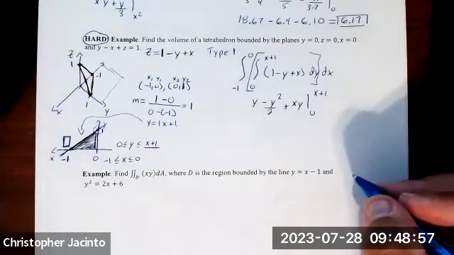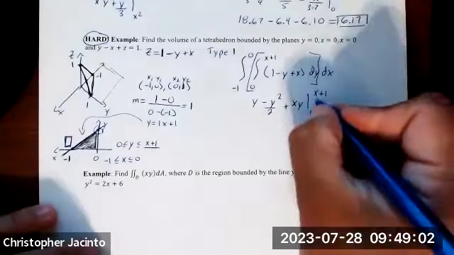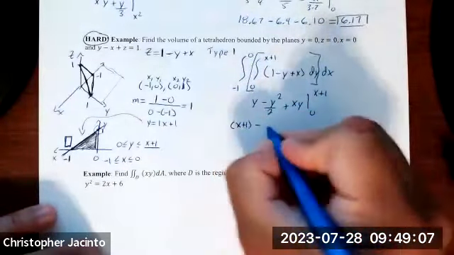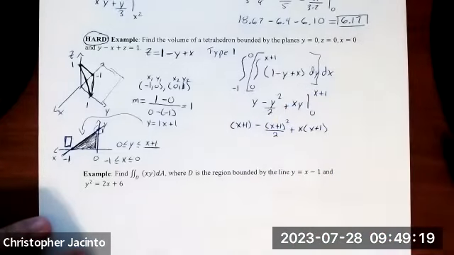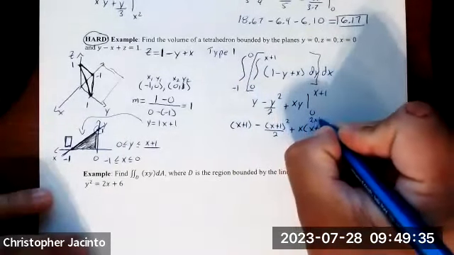Okay. The good thing is you plug in 0 and it just goes away, which is nice, right? So we're just going to plug in x plus 1 everywhere we see y. So it's going to be x plus 1 minus x plus 1 squared over 2, and then x times x plus 1. So I'll distribute here. This gives me 2x plus 2.